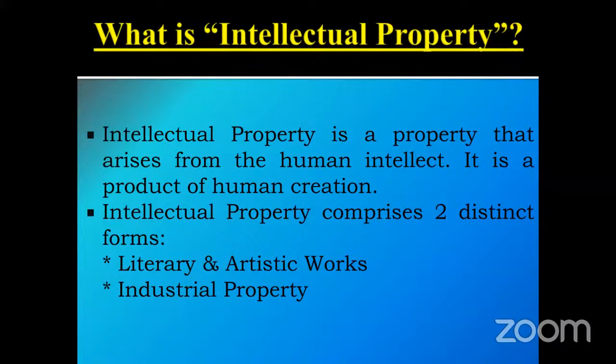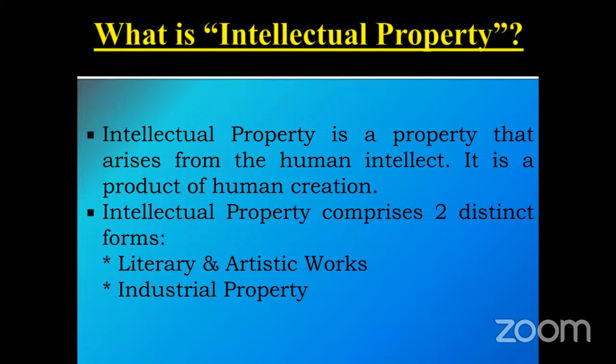So when we talk about intellectual property, the first question that comes to our mind is: what is intellectual property? I told you that it may be human creativity, or it may be a skill, or it may be in the form of a product.